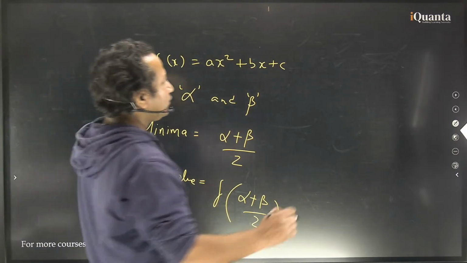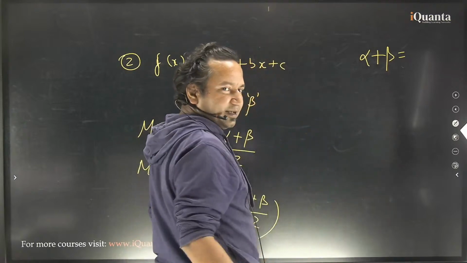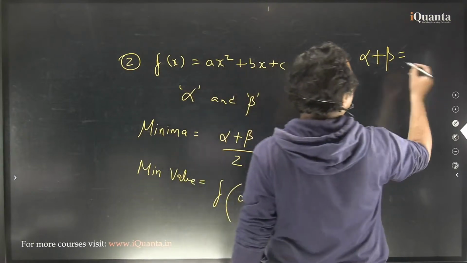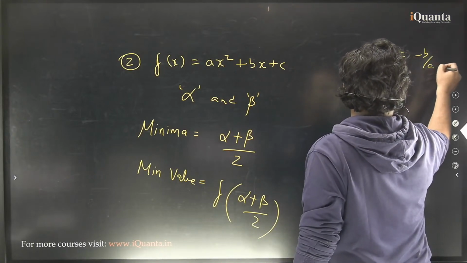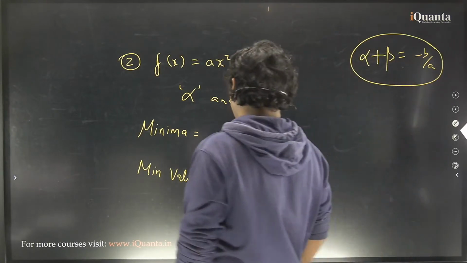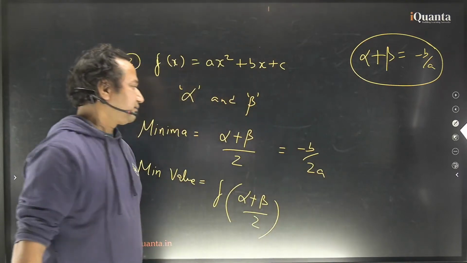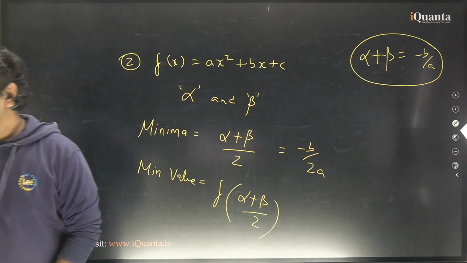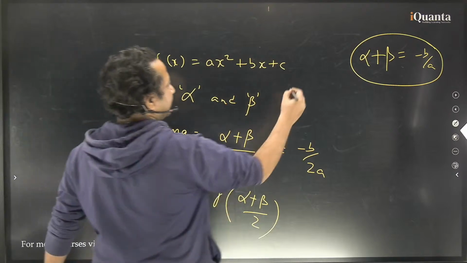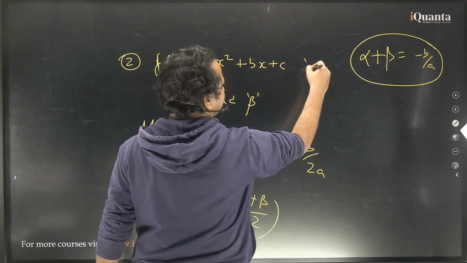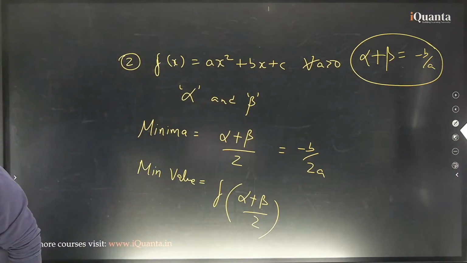Now as we know that alpha plus beta, the sum of roots, is actually equal to what? Minus b by a, isn't it? So this can also be written as minus b by 2a. All right. And here a is greater than 0, needless to say, but thanks for reminding, Aditya.